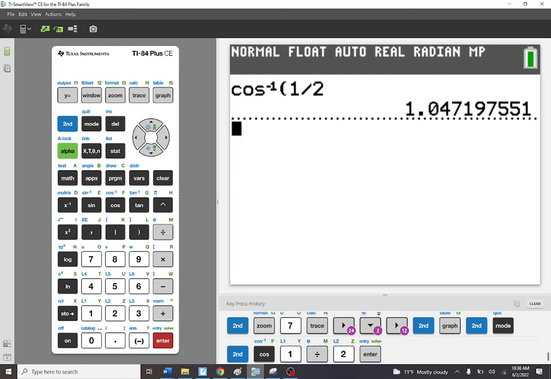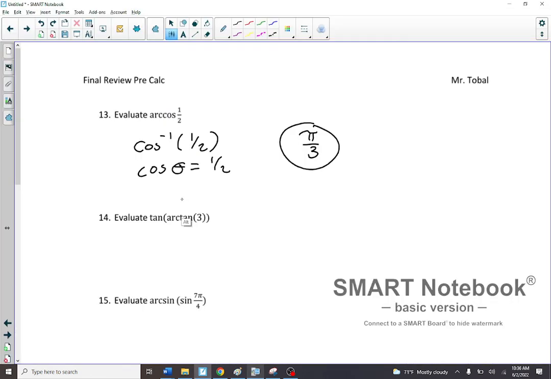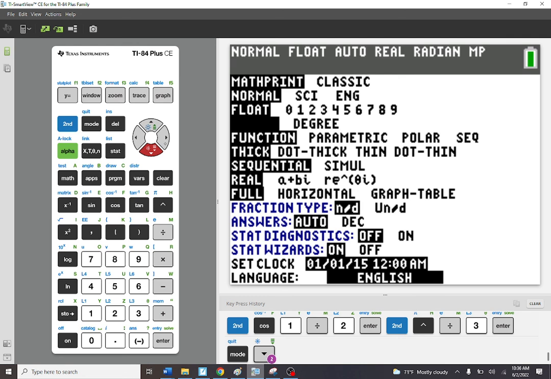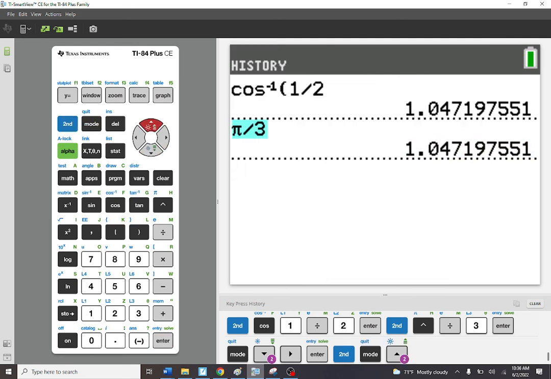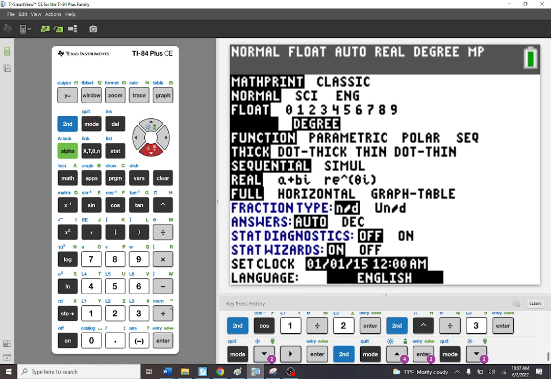That's 1.04. And then you remember, it's multiple choice, so you could just do pi divided by 3. Hey, 1.04. That looks like they're the same number. That must be the same answer. And technically, what you could do is also put the answer in degrees, and you get 60 degrees and then convert it in your head.